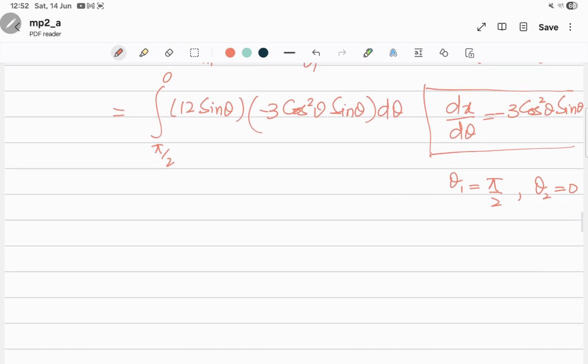Now if we simplify this, we will have the integral from pi by 2 to 0 of minus 3 times 12, which is 36, cos square theta, and sine theta times sine theta will be sine square theta d theta.